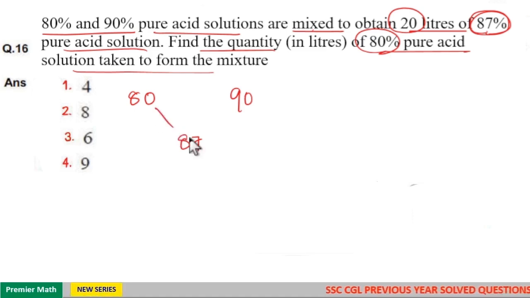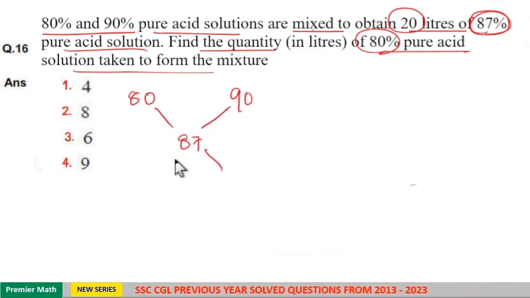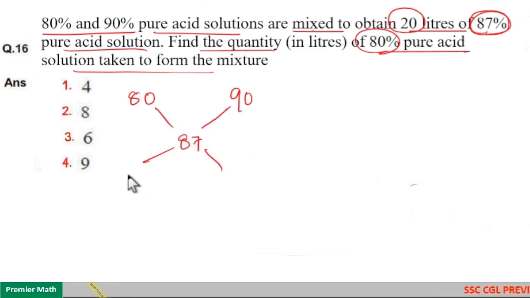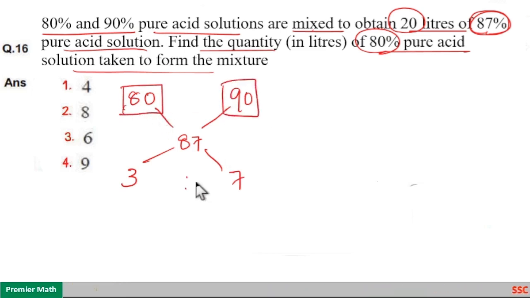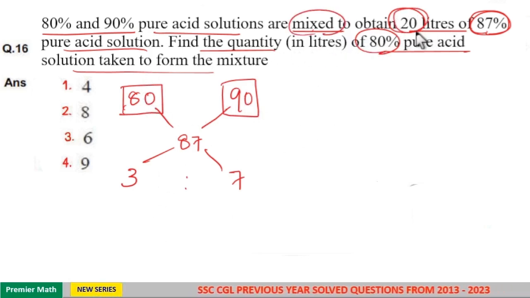Now, take the alligation method. That is, 90 and 87 difference is 3. 80 and 87 difference is 7. That is, 80% pure acid and 90% pure acid are in the ratio 3:7. Now, 80 and 90 mixed together form 20 liters.